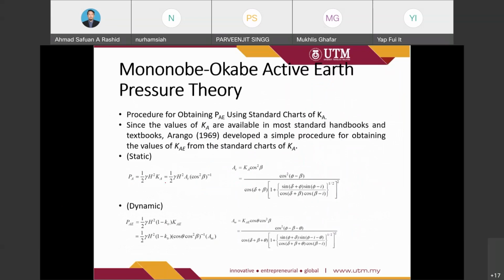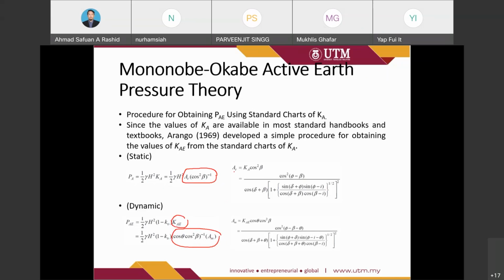Then they come up with this equation. For the dynamic, this is the KAE, and they come out with the same approach as the static to have this kind of equation.